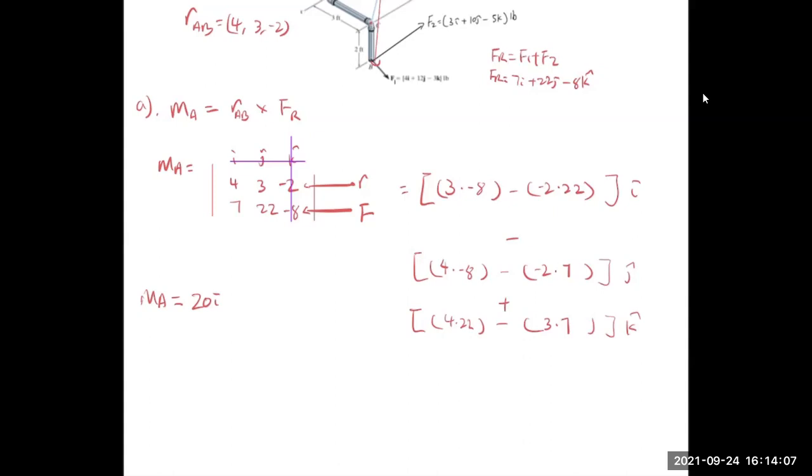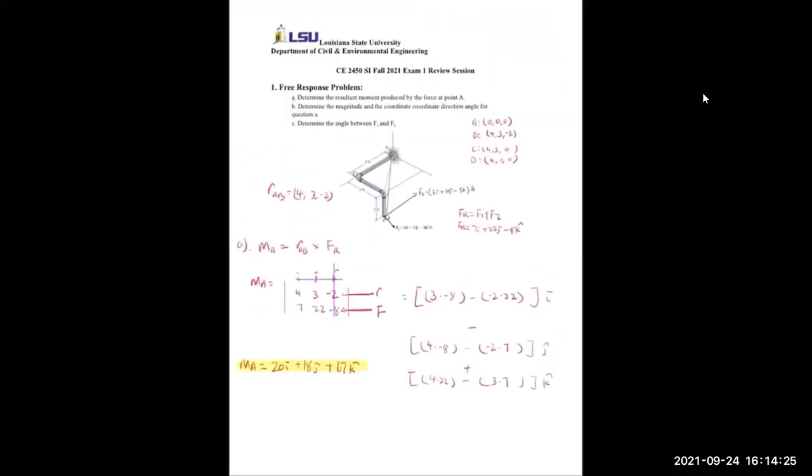So negative 18 become a positive 18. Okay, and then for my K, I get 67K. Okay, and that's my answer. And that's my answer for part A. Okay.